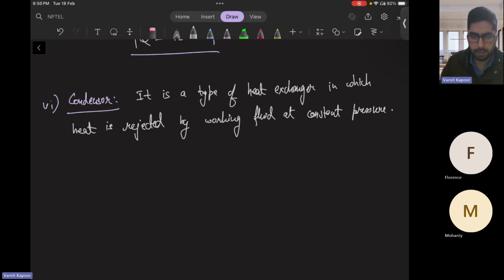Okay, again, it will just be reversed using the above assumptions. So using SFEE, you will get Q is equal to H1 minus H2. Okay, so enthalpy at inlet is higher compared to outlet.